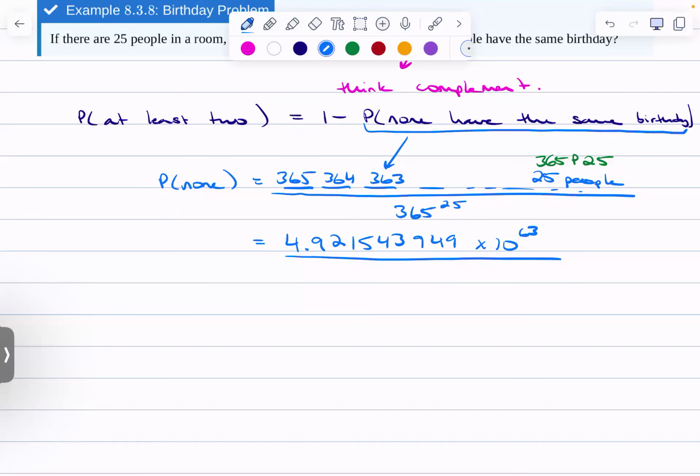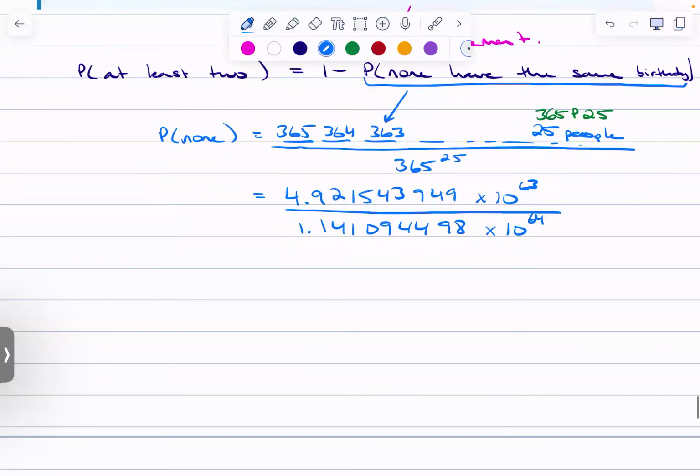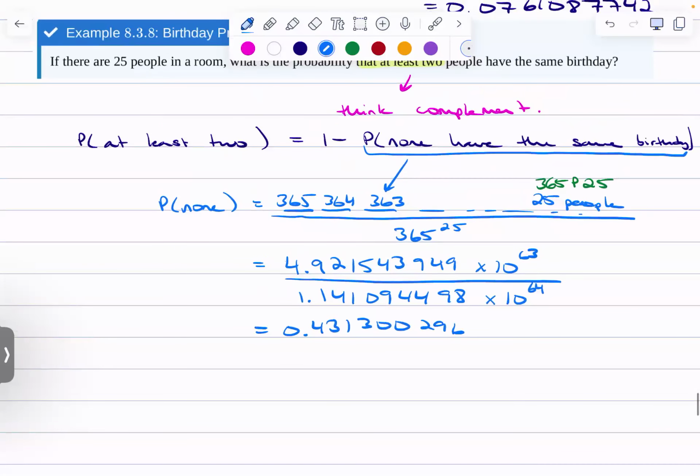And 365 to the power of 25 is 1.141094498 times 10 to the 64. I want to do 365 P25 divided by that. I get a very reasonable 0.431300296. That's the probability that none have the same birthday.